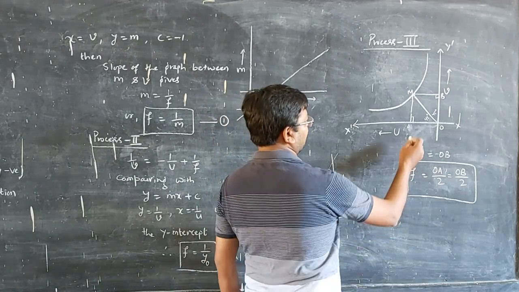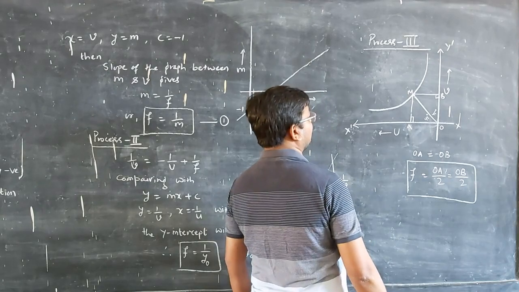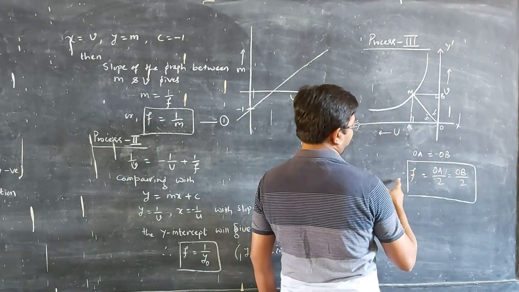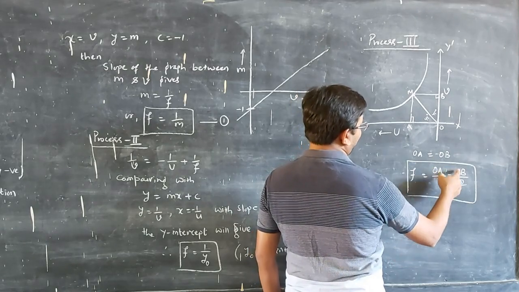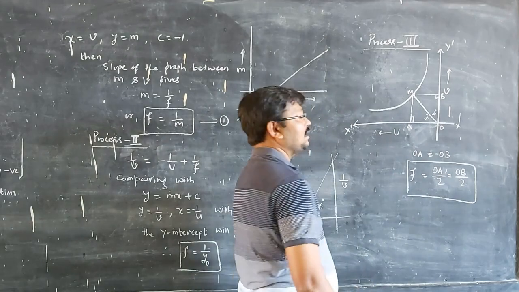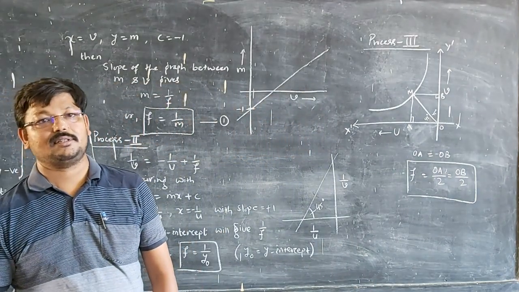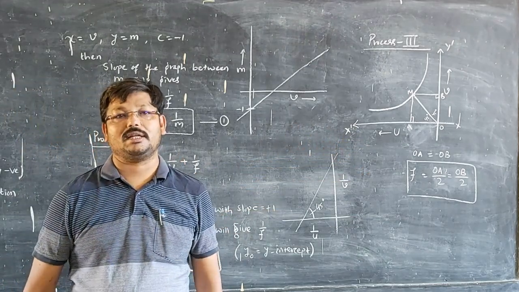You will find that OA and OB are equal. So to find the focal length, you just find OA by 2 or OB by 2. It will be the focal length of the given convex lens. This is how, with these three different processes, you can find the focal length.